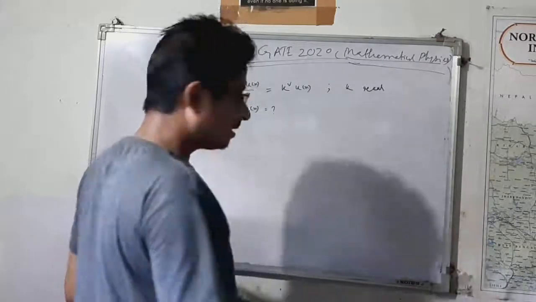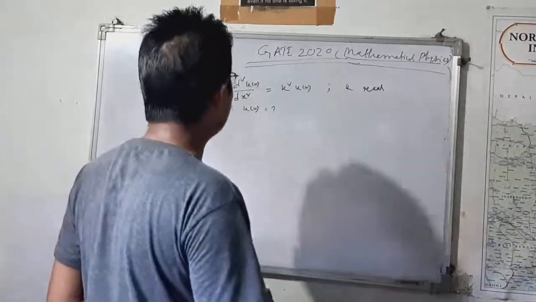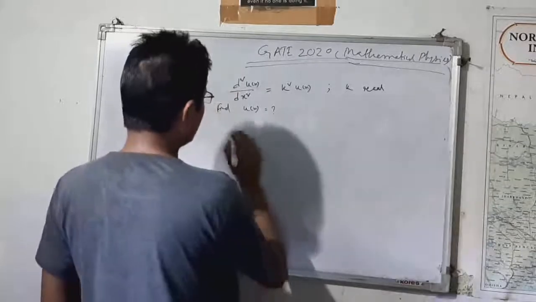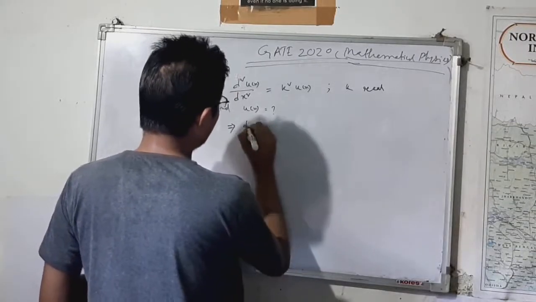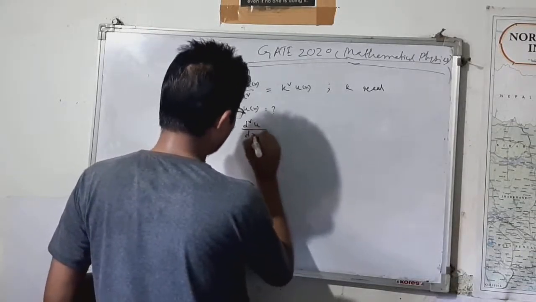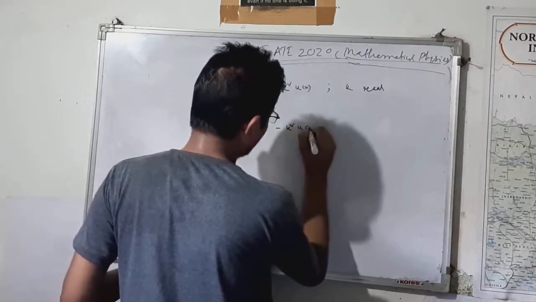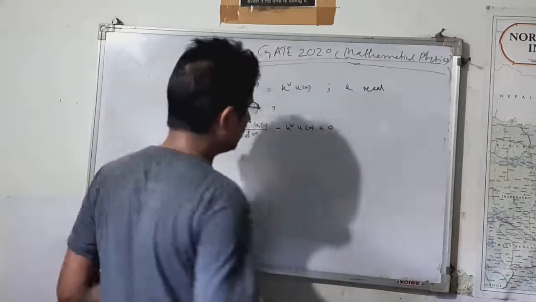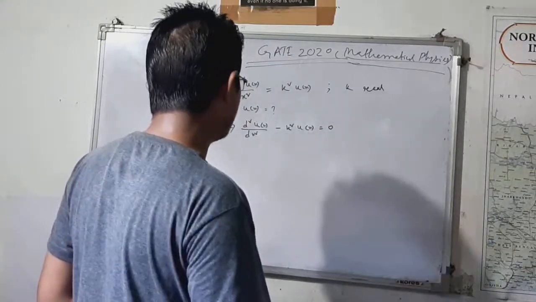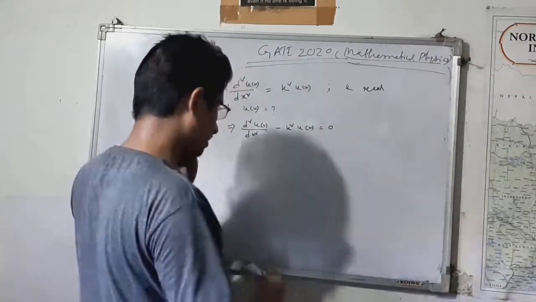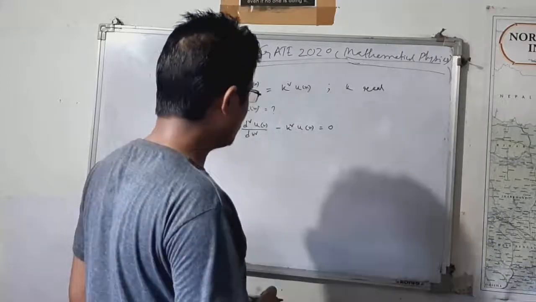This is a second order differential equation, and it is a homogeneous equation, so the right hand side is 0.